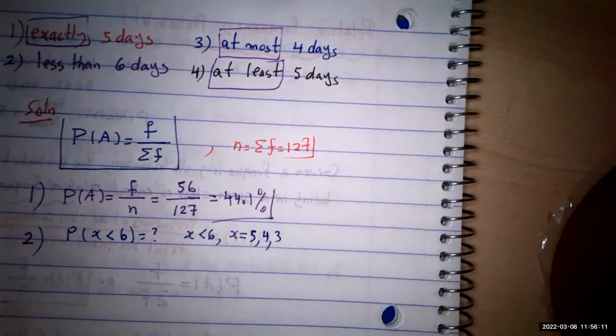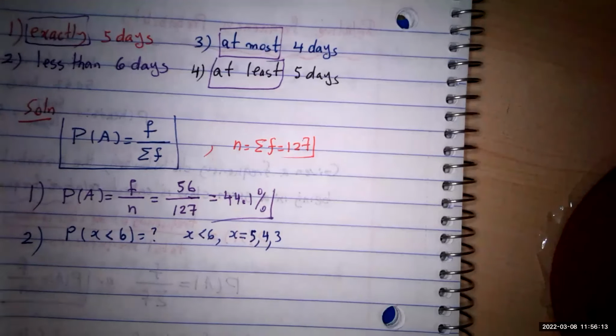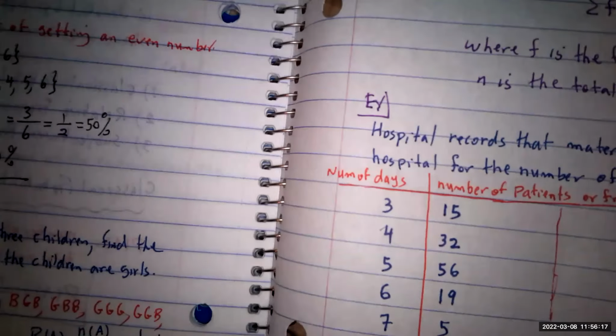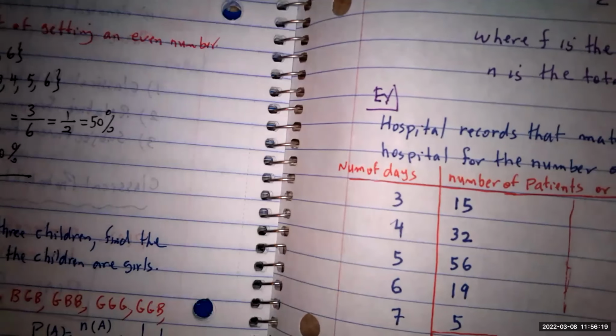It's going to be 5, 4, 3, 2, 1, 0, but in this case, you have it only up to 3.